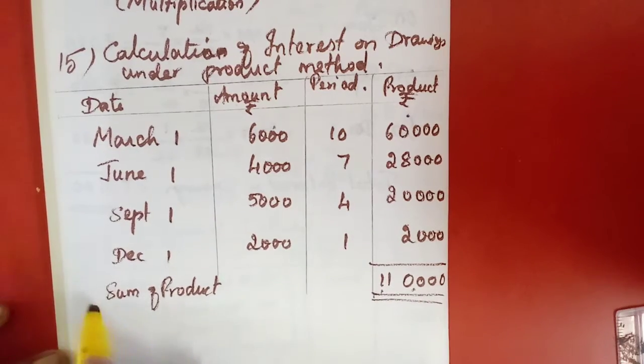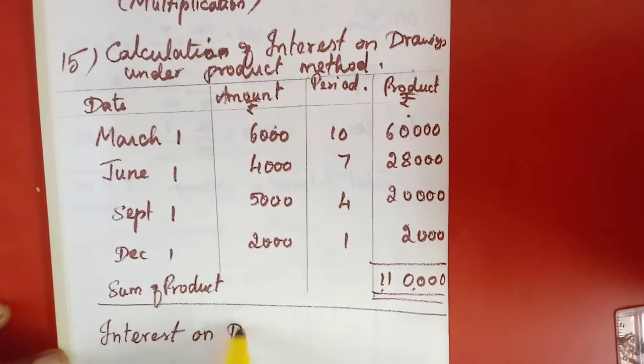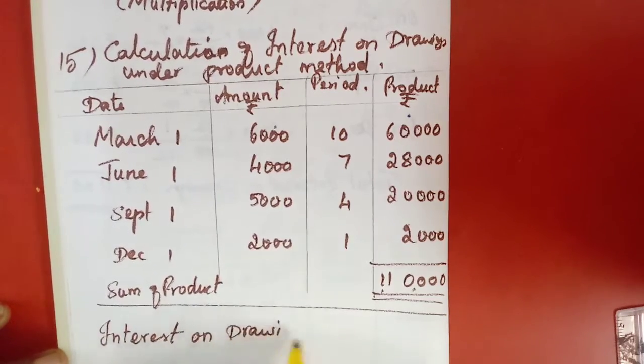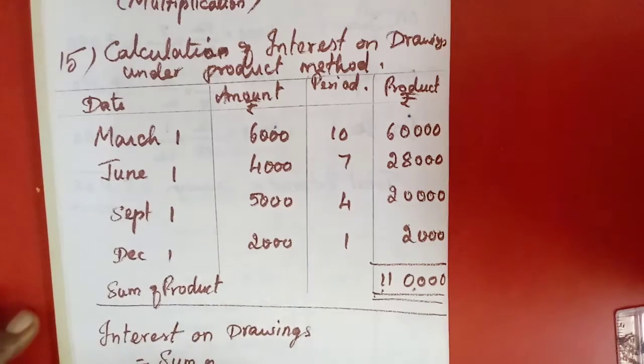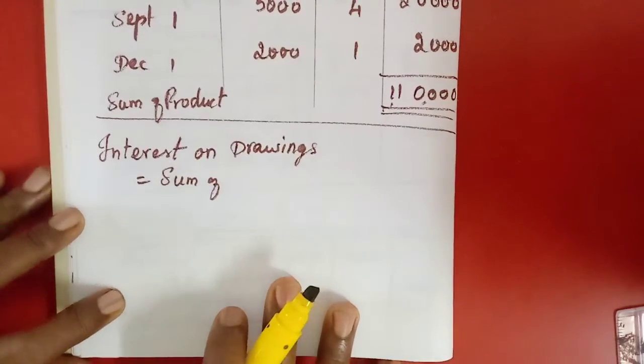Now we need to calculate the interest on drawings. Interest on drawings is equal to, write the formula. There we wrote the amount of drawings, isn't it? Here we should write the sum of product.